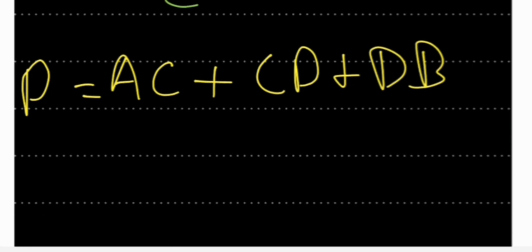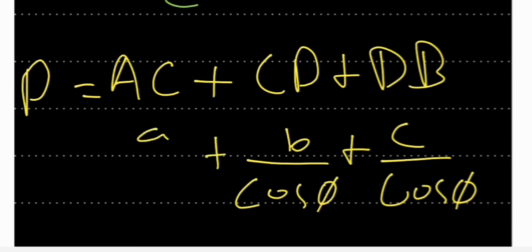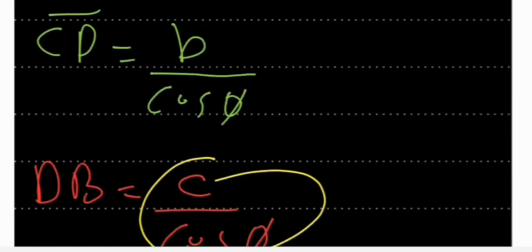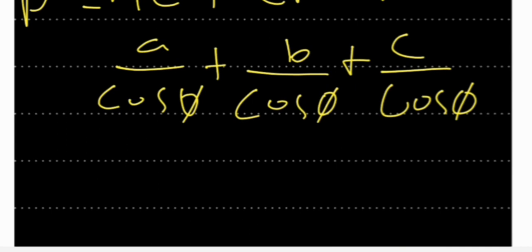Well, this was c divided by cosine of phi plus b divided by cosine of phi, and this was small a divided by cosine of phi. Cosine of phi, cosine phi, cosine phi. And this is equal to d.